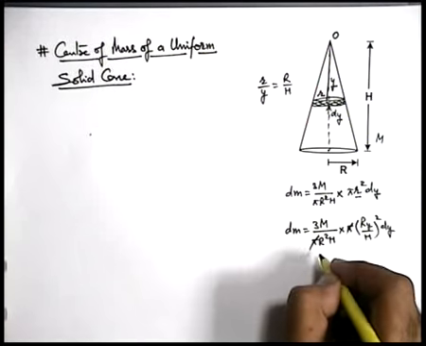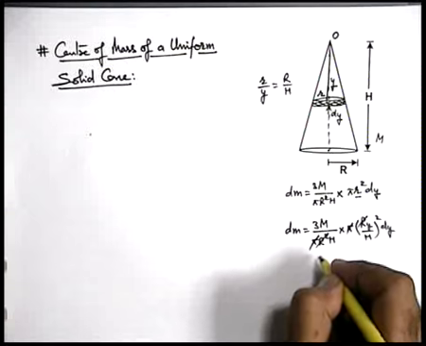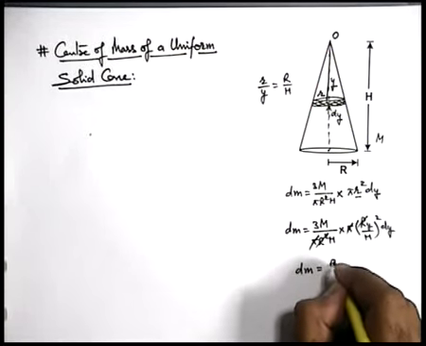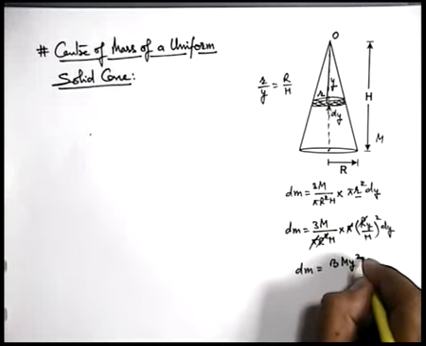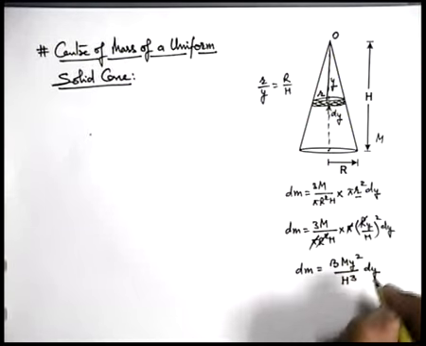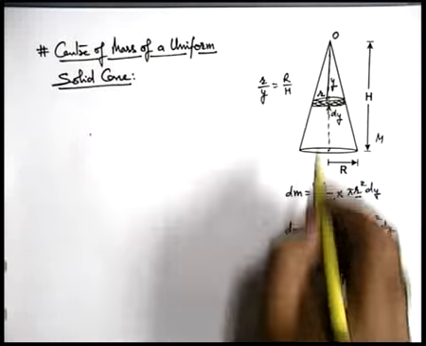Here pi gets cancelled out, and R square also gets cancelled out. We get the value of dm as 3m y square upon h cube into dy. This is the value of the mass of this elemental disk.